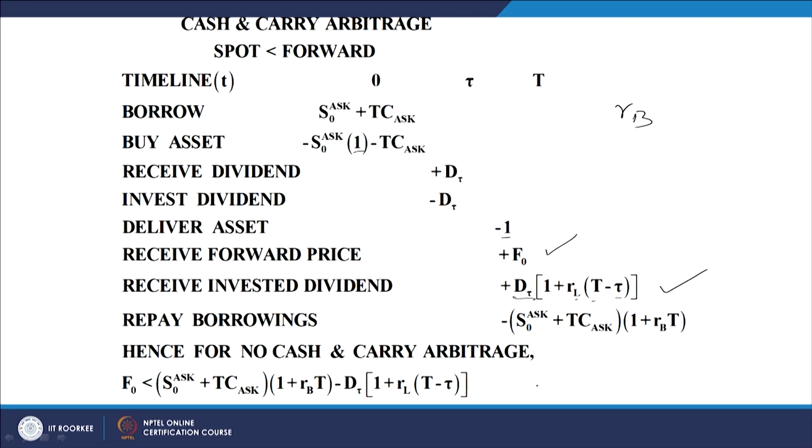Now, in order that no arbitrage takes place, you see here there is no net cash flow, here there is no net cash flow, the only cash flows are occurring here. Because there are no cash flows here, no cash flows there, and you do not want arbitrage to operate, that means the net cash flow here must be less than 0, and that gives you that F 0 plus this thing minus this thing is less than 0, or F 0 is less than this minus this.